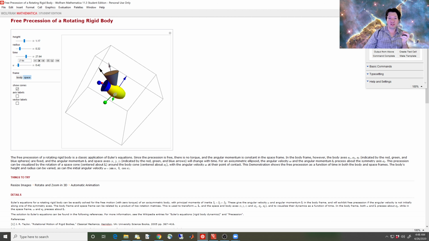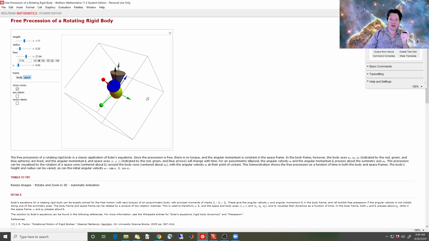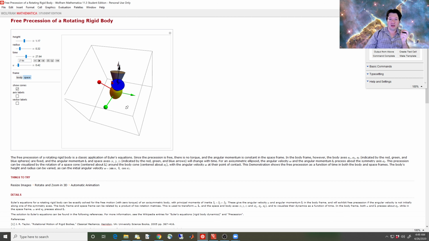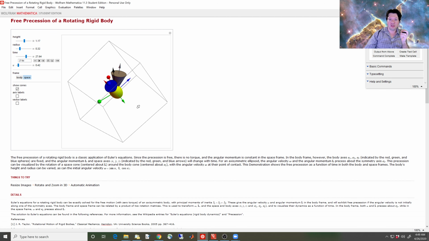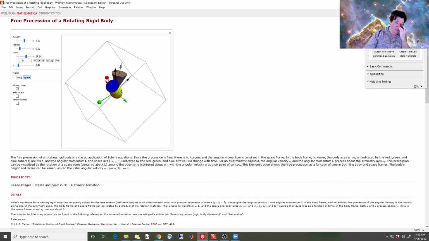You can see that the z-axis in the body frame is pointing towards the z-axis. So this is a prolate object. And here in the inertial frame, it doesn't seem to line up with the angular momentum vector. But the angular momentum vector, I believe, is the gray vector. The angular velocity vector is the black one.